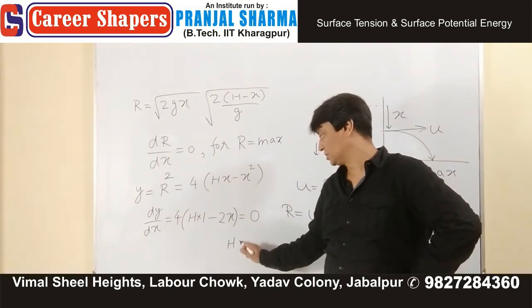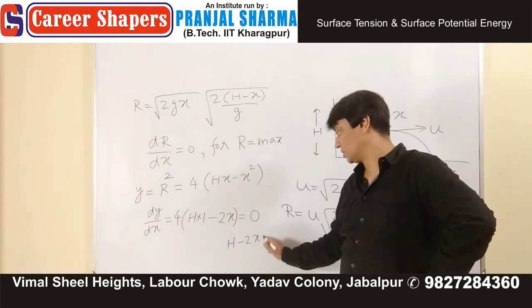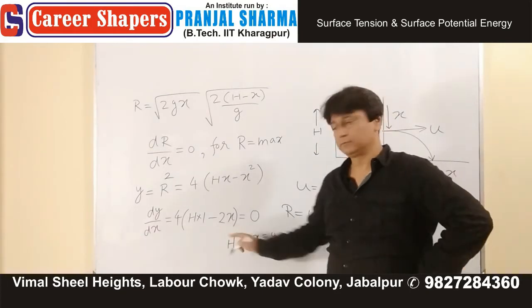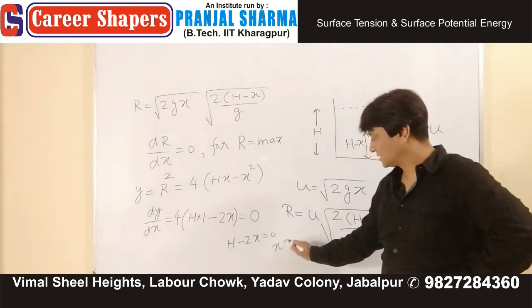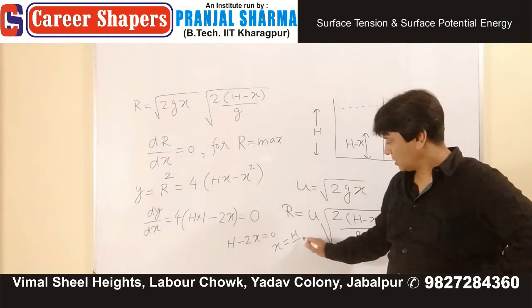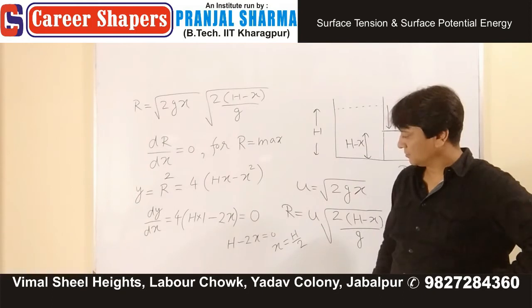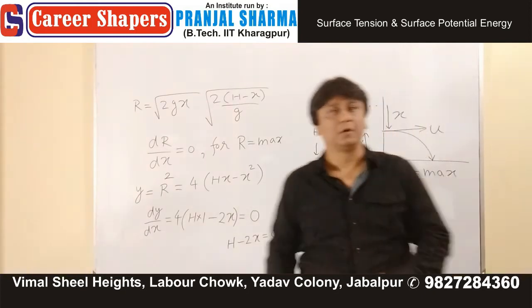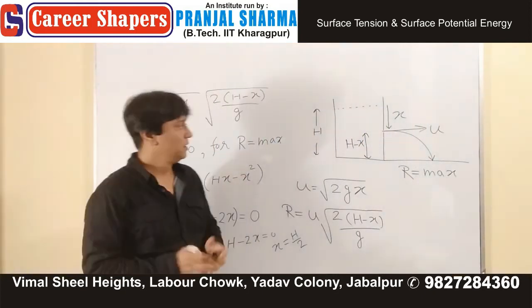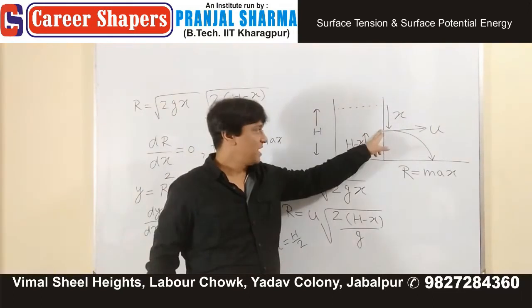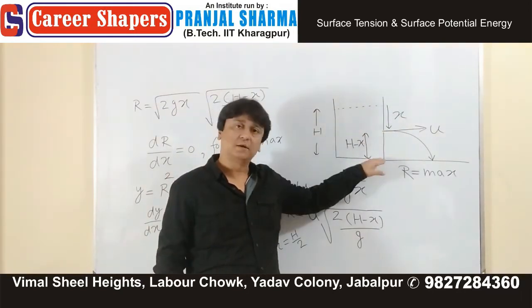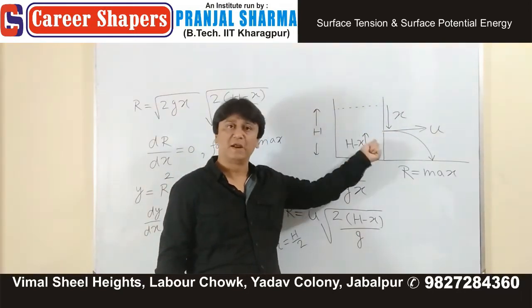When h minus 2x is 0. This gives us x as what? H by 2. So at what depth should a hole be made? At a depth of h by 2. Total height, half of that, make a hole.